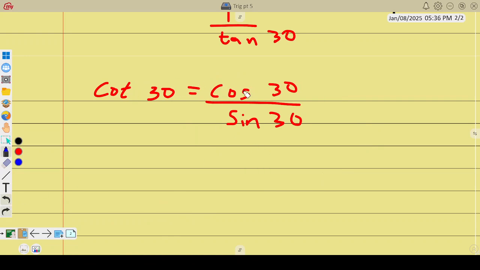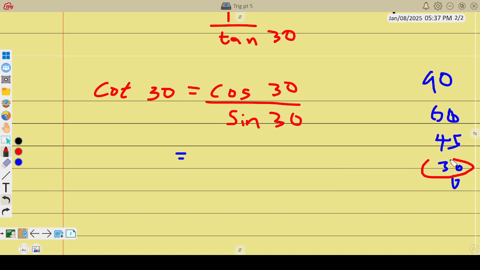So cot theta is equal to cos over sine, and tan is the one which is sine over cos. So what is cos 30? If we write these, this is 60, 45, 30 and 0.